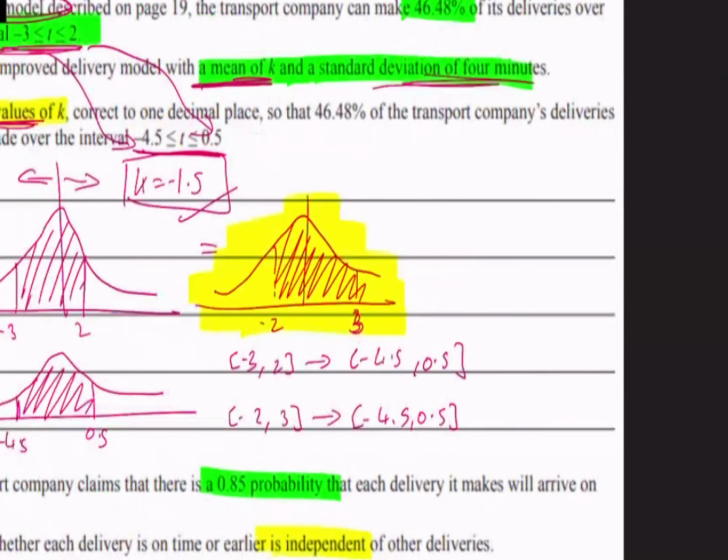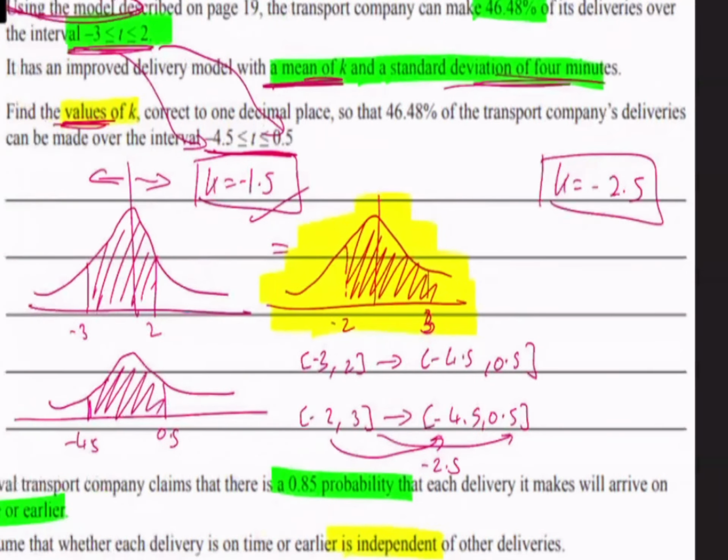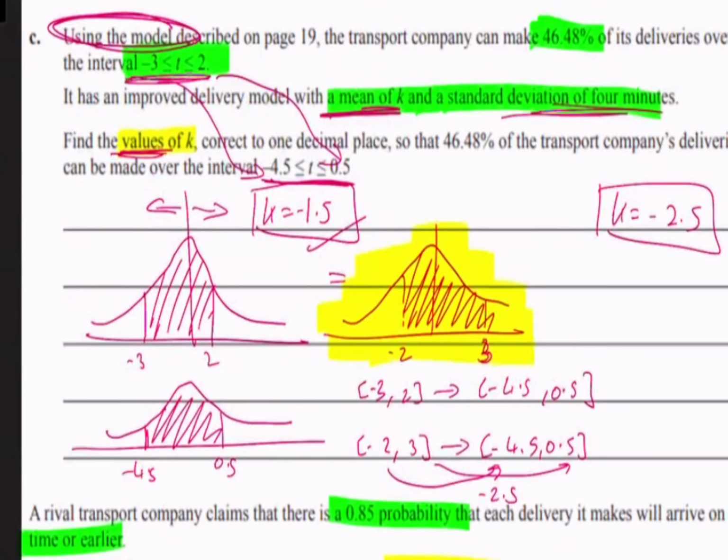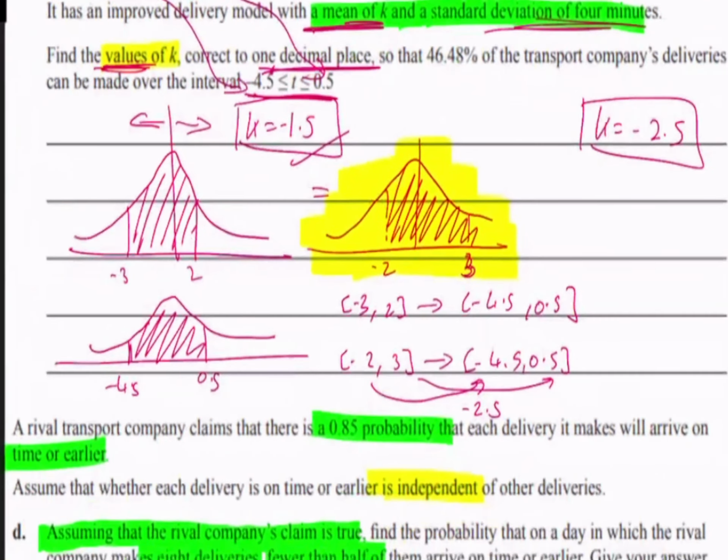So we have another k translation here, but this time it's -2.5 if you compare the values. So our second k value is -2.5, and just generally checking whether they meet the criteria, yep, they're correct to 1 decimal place. And so yep, that's it.